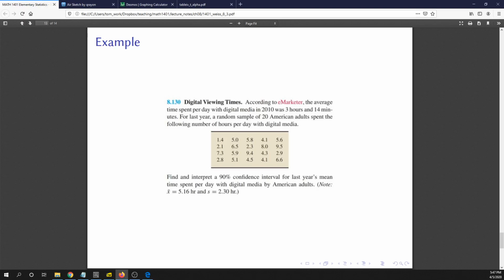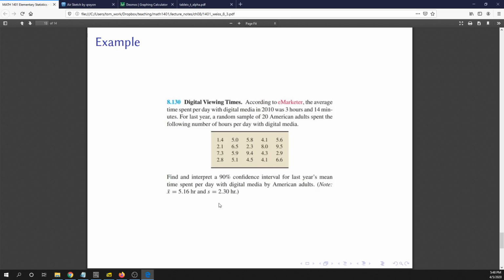Okay, so one nice thing is for this confidence interval, we definitely need the sample mean, x bar, and they've already calculated that out for us, which is nice. And they've also calculated out the sample standard deviation for us. If they had not given us those values, then we would have had to do that ourselves. Okay, so we will need to write those things down.